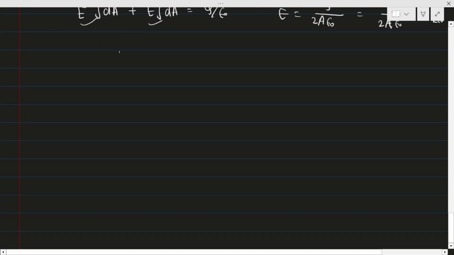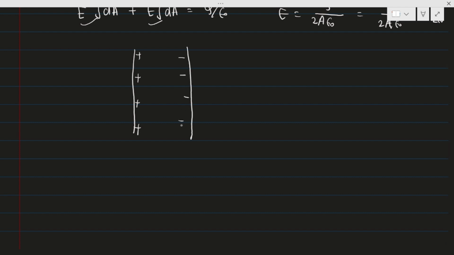Now let's assume there are two charged plates, of the same type we mentioned above. This one is positively charged and this one is negatively charged. The electric field at points P1 and P2 due to the positive plate will be in this direction, with value sigma over 2 epsilon naught.